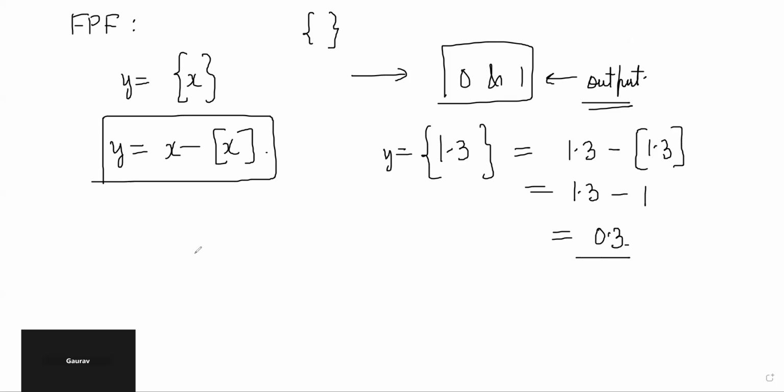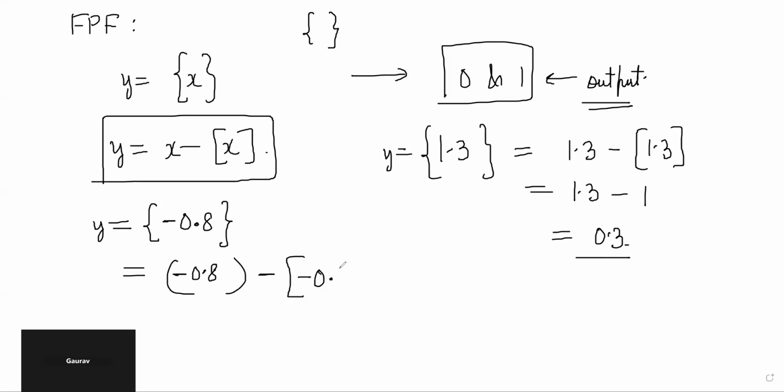But if you want to calculate the fractional part of a negative number, say -0.8, again by definition, it is -0.8 minus GIF of -0.8. GIF of -0.8 is -1, so minus 1 is coming from here.